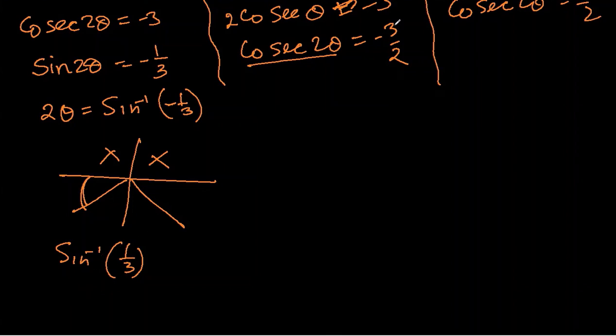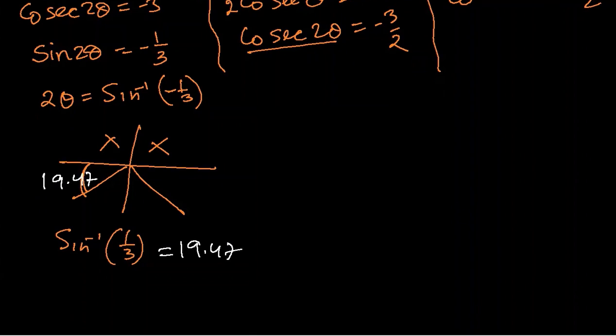Alright, sine inverse 1 over 3 comes out to be 19.47. So that means this angle is 19.47. So what does our angle become? Because there are two more options possible. So 2 theta 1 is 180 plus 19.47, because it is in the third quadrant. We start from 0, this is 180 and 19.47 more.